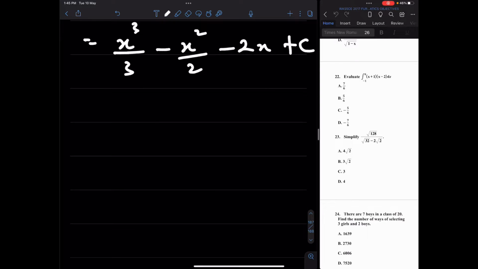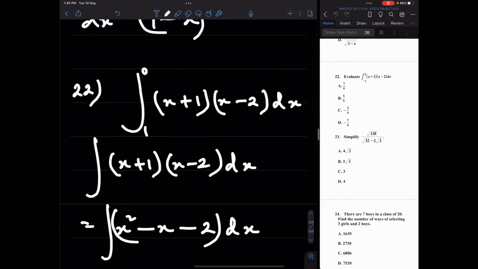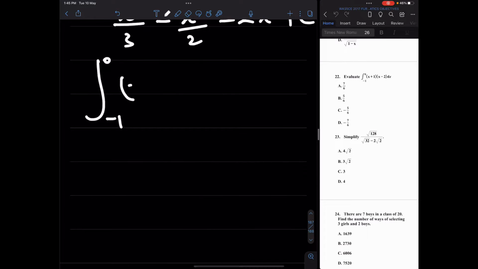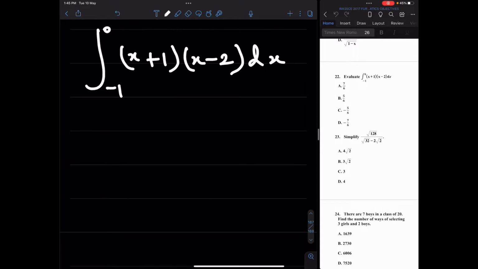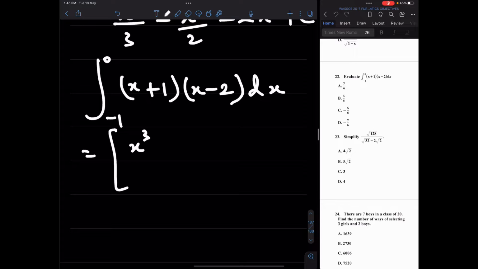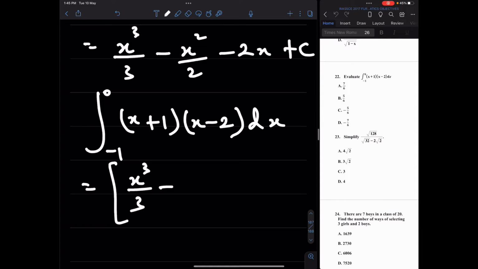That simply means the integral with limits 0 and minus 1. I hope I wrote the correct thing here. It's not 0 and 1, it's 0 and minus 1 actually. The integral from 0 to minus 1 of x plus 1 times x minus 2 with respect to x will be equal to what we got when we integrated it, that's x cubed over 3 minus x squared over 2 minus 2x.